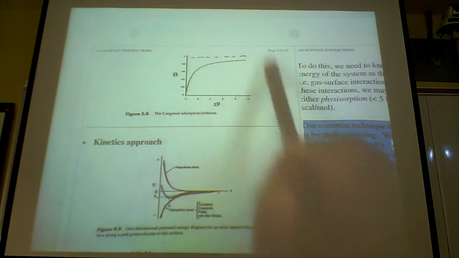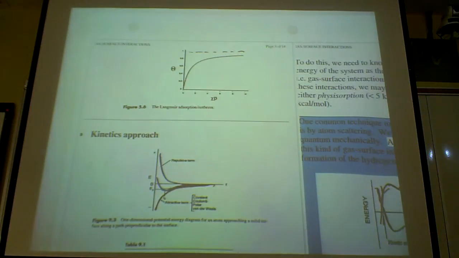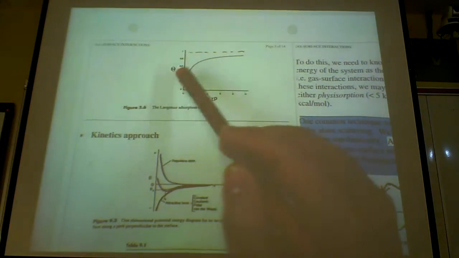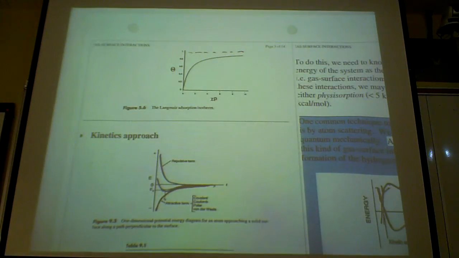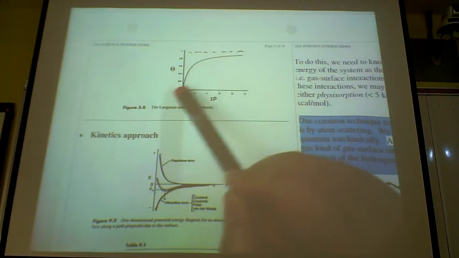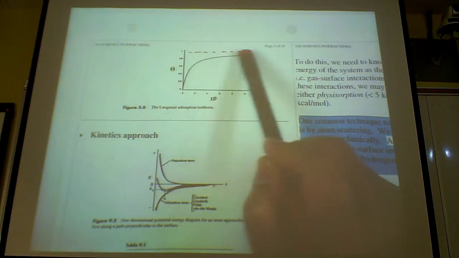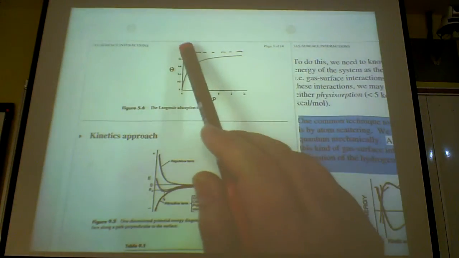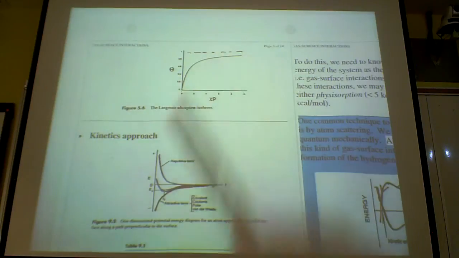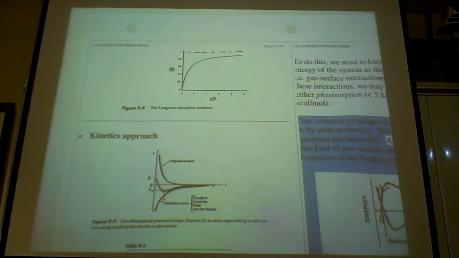This is again the characteristic of a Langmuir isotherm: when you plot the coverage with respect to partial pressure, it approaches some sort of saturation, and this saturation of course is 1 here, meaning that all the sites are occupied.